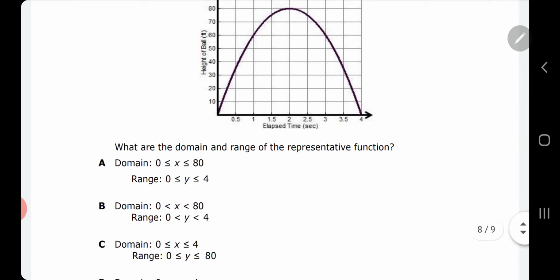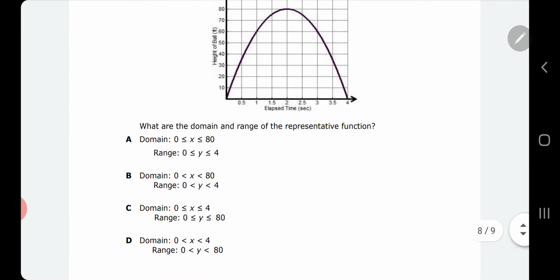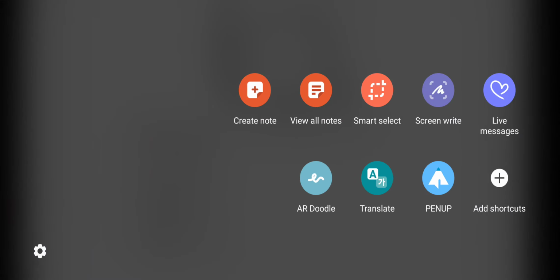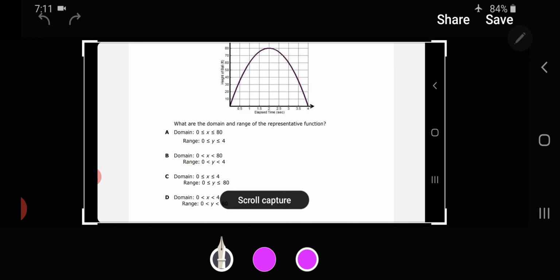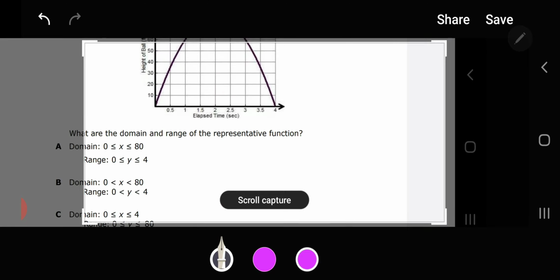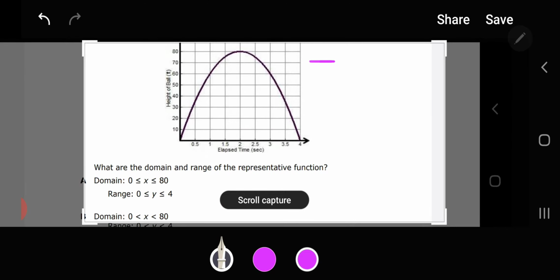So what are the domain and range of the function? Let's see. Once again, our domain would have to be x is greater than or equal to 0, because we can be at 0 time, but less than or equal to 4, as it looks like our ball stops at 4 seconds.